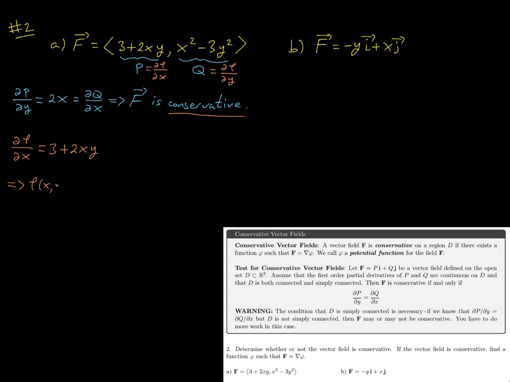So that's going to tell me that phi is a function of x and y. Integrating with respect to x will give us 3x plus x squared y plus some constant. But be a little careful here. When I integrate with respect to x, I'm holding y as constant. So I'm going to write this as c of y.